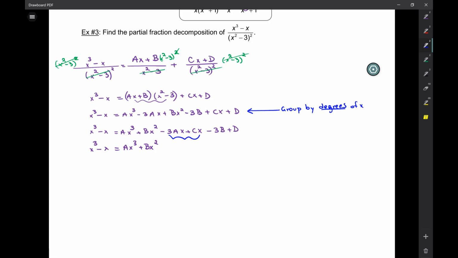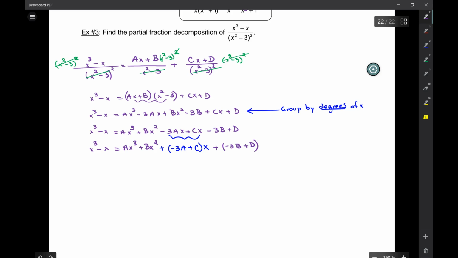And if I factor out the x, what do I have left? Negative 3a plus c. So the way I write it is plus (negative 3a plus c) times x. Like that. Trust me, just do it like that. You can do whatever you want; I like to do it this way. And then plus negative 3b plus d.